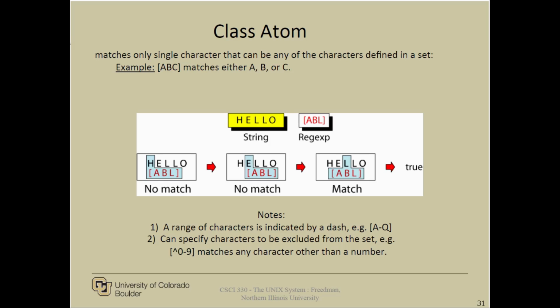So it says H, is that equal to A? No. B? No. L? No. And then it moves on to the next character. E, and then it moves on to the next character. A, B, L. And it matches an L. So we get a return of true. Now it should be noted that it's going to match the first thing it finds. So if there was an A at the beginning of this, it would always match the A and never get to the L.